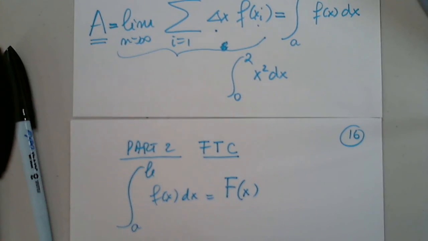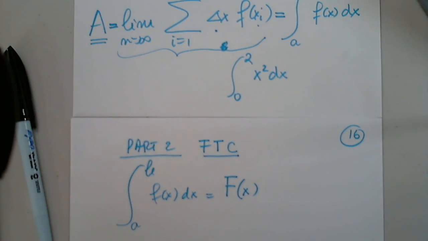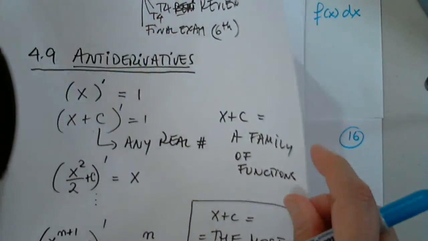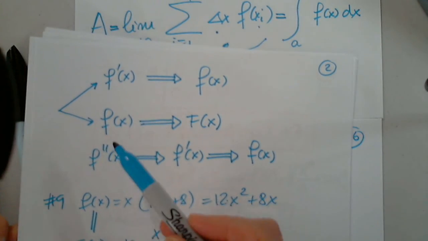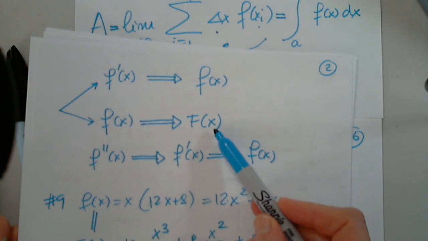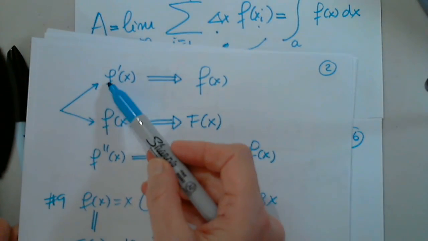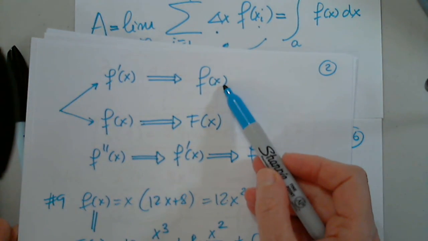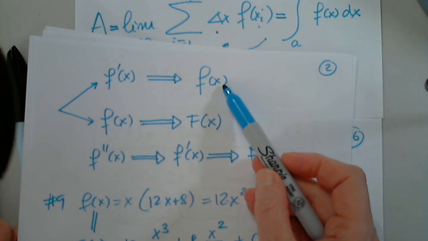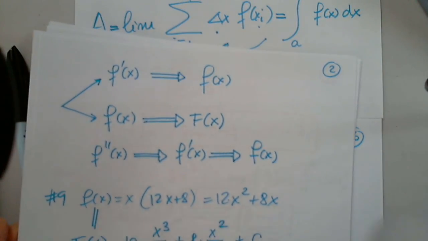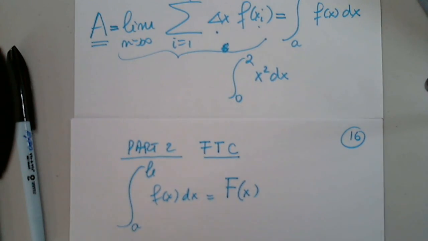Remember the notation from the very beginning? I said, what's the big deal with that notation? Here it is. If I have f prime, the antiderivative is not denoted by uppercase. If I'm given f prime, the antiderivative is denoted by lowercase f. That's the big deal for this theorem.